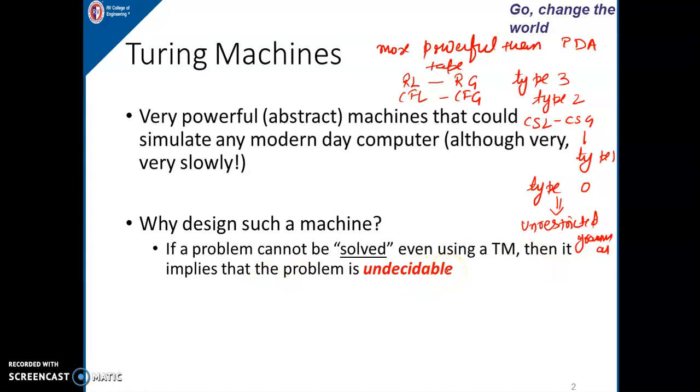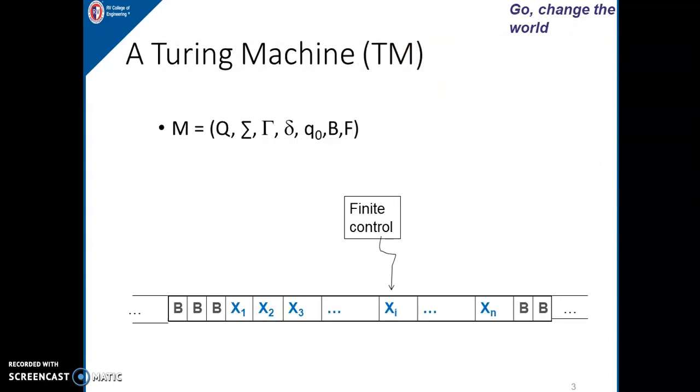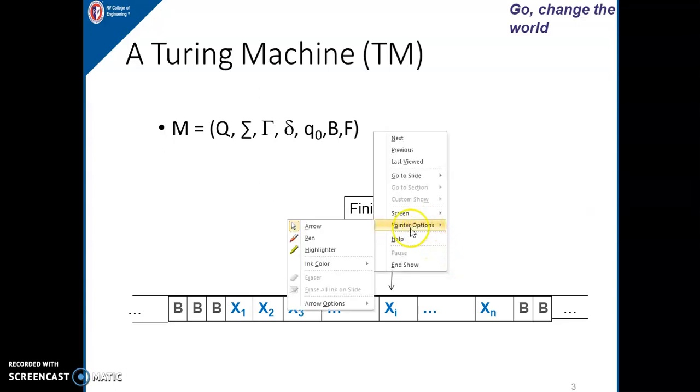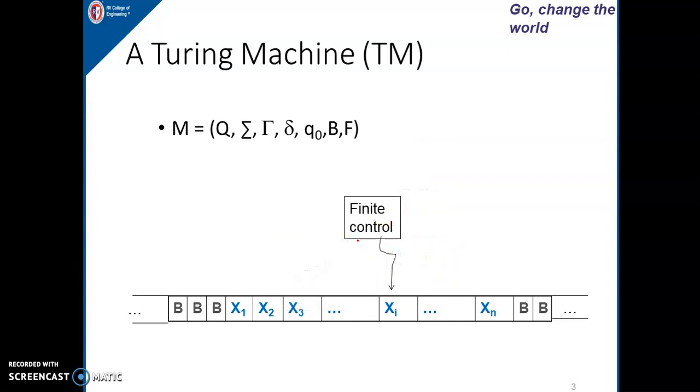Okay, so in Turing machine we have basically three components. We can say it has three components: tape, read write head, and control unit. Okay, so you can see here this tape is nothing but it is like a memory. Okay, so first there are three components of Turing machine: tape, read write head, and control.